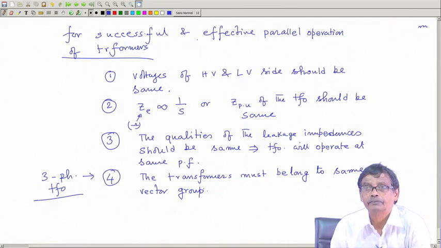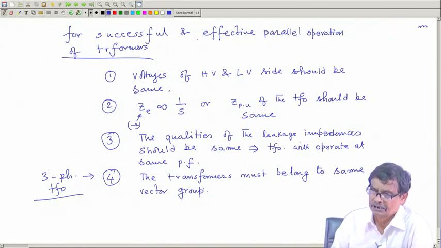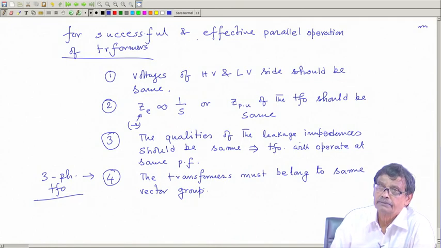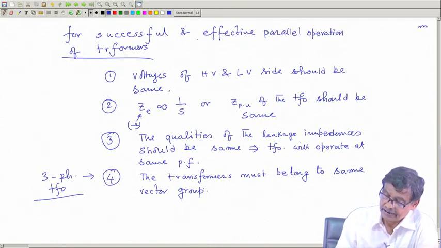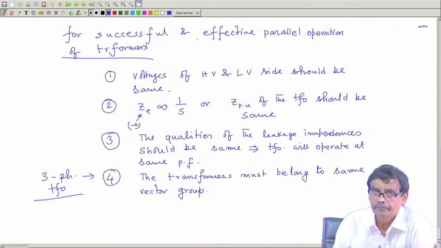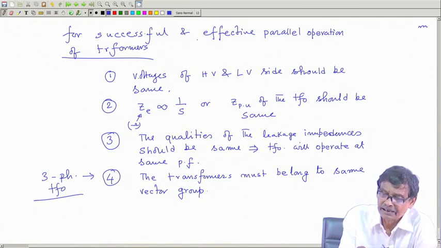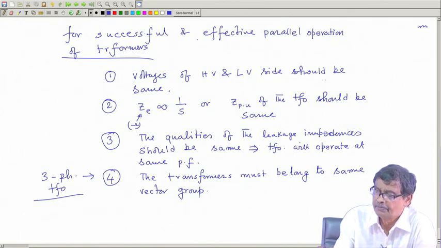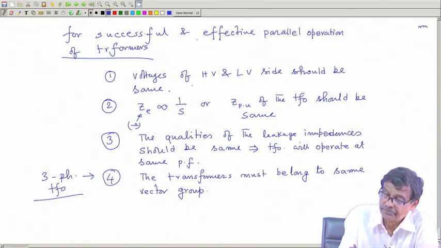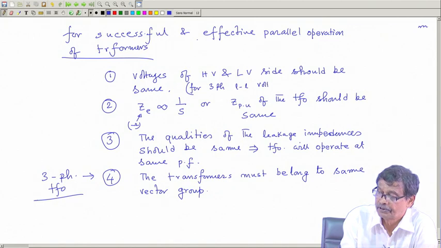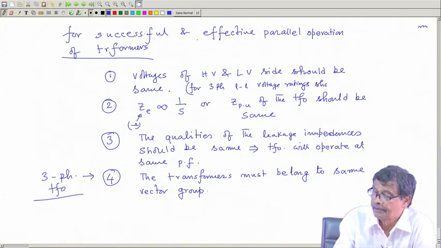What is the vector group? Plus 30 degree or 11 or 1, which means that the line to line voltage rating should be same. Here I have written simply voltages of HV, LV side should be same. For 3-phase, line to line voltages should be same, voltage ratings.